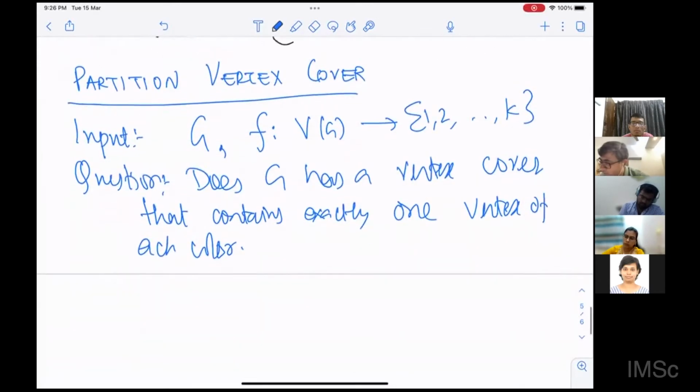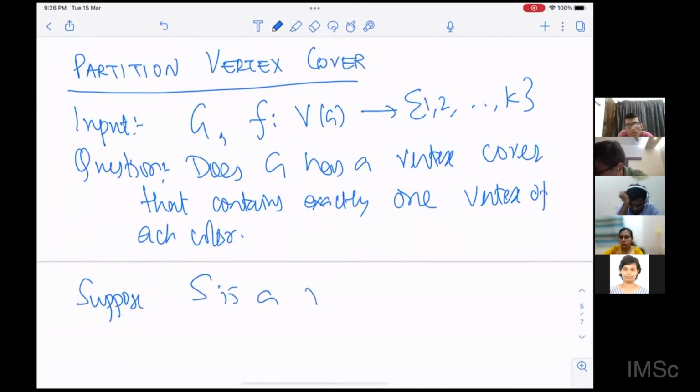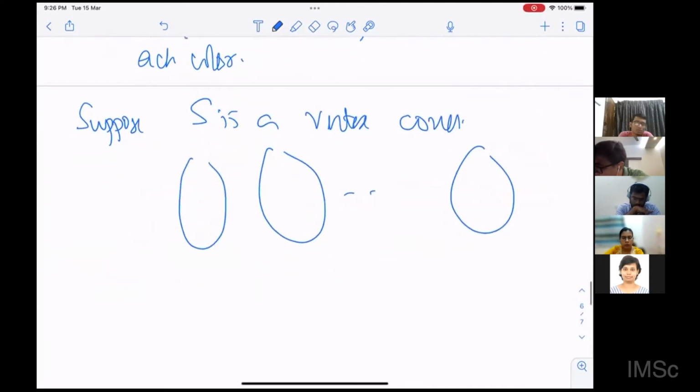Or rather, what it means is, suppose S is my vertex cover. What property do I want from it? I can think of all those vertices, let's call it V1, all those which have F inverse of 1.